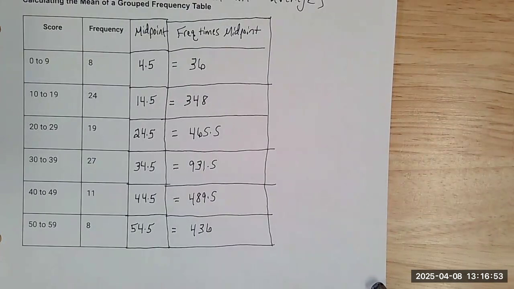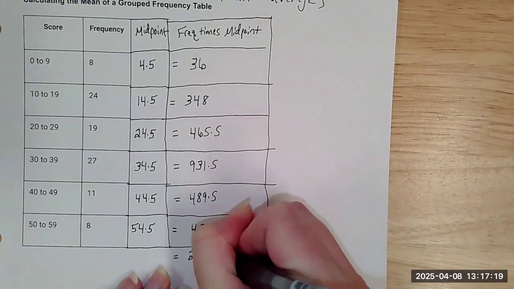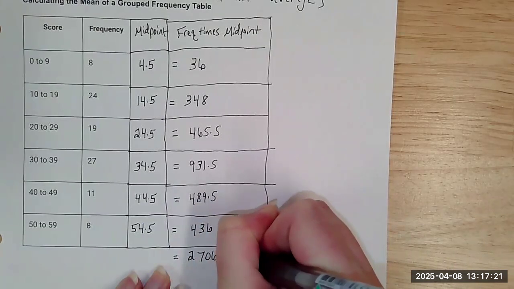That's the summation part. So I'm going to do 36 plus 348 plus 465.5 plus 931.5 plus 489.5 plus 436 is equal to my total of 2,706.5.